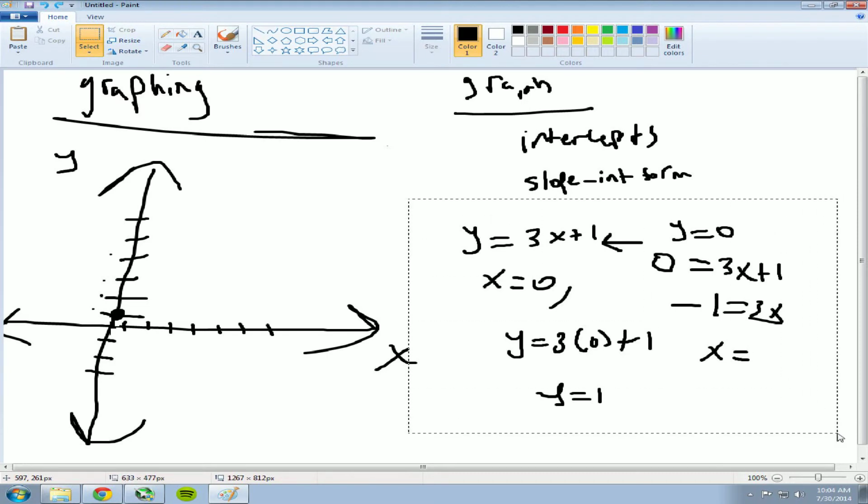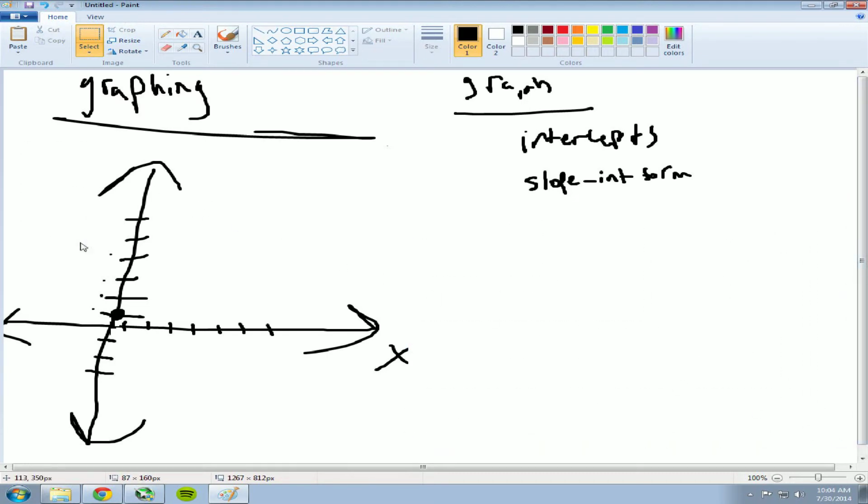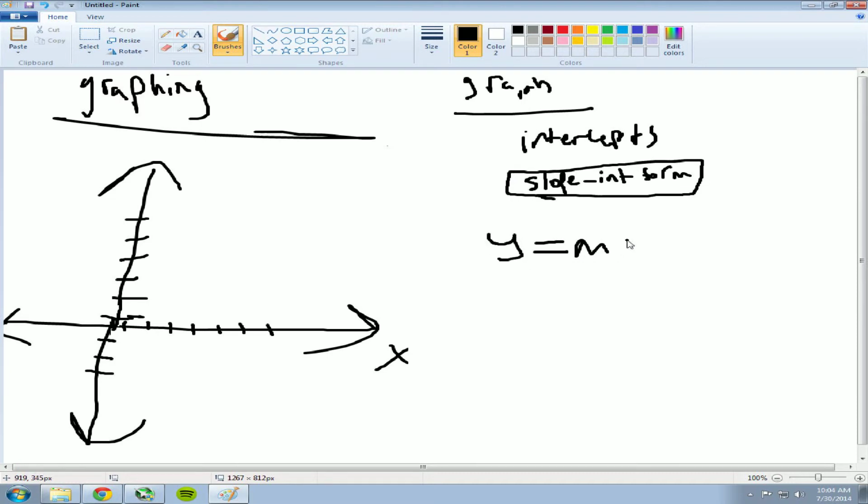Now I shall graph using the other method, which is slope-intercept form. So this is it right here. y equals mx plus b, where b is the y-intercept, and m is the slope.